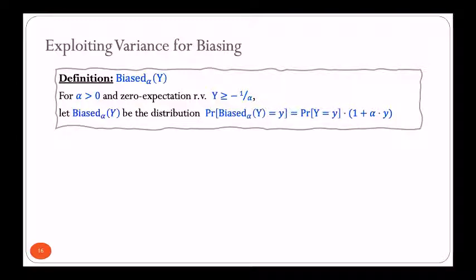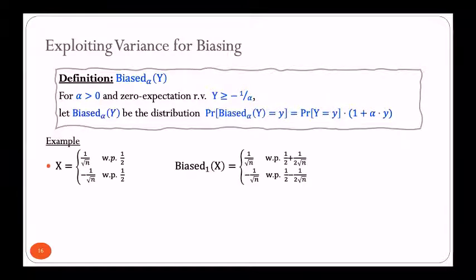Okay? To get a better understanding of this tool, let's see 2 examples. Let's say we have a random variable x that takes with a probability half either 1 over square root n or minus 1 over square root n. And let's see how the one biased variant of x looks like. So here we have the exact calculation, and it means that we favor with probability 1 over square root n the positive element.